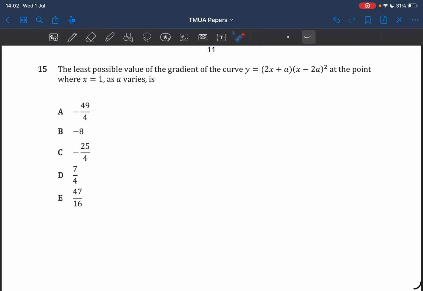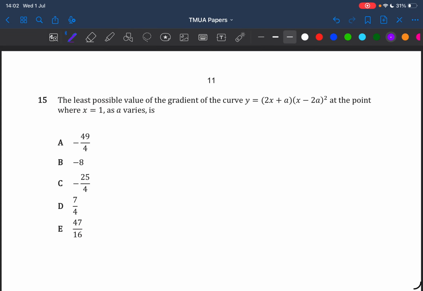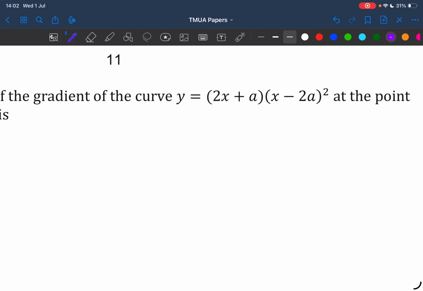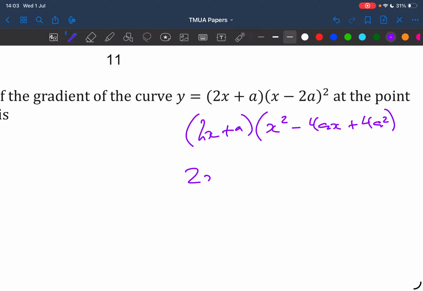The least possible value of the gradient of this curve at the point x equals 1 as a varies is this stuff. Okay, so we're going to differentiate. What's the easiest way to do that? Do I want to do the product rule and the chain rule, or should I just expand? I'm just going to expand everything out. This is x squared minus 4ax plus 4a squared, still with a 2x plus a. For x cubed, we'll have 2x cubed. For x squared, we will have minus 4a plus a.